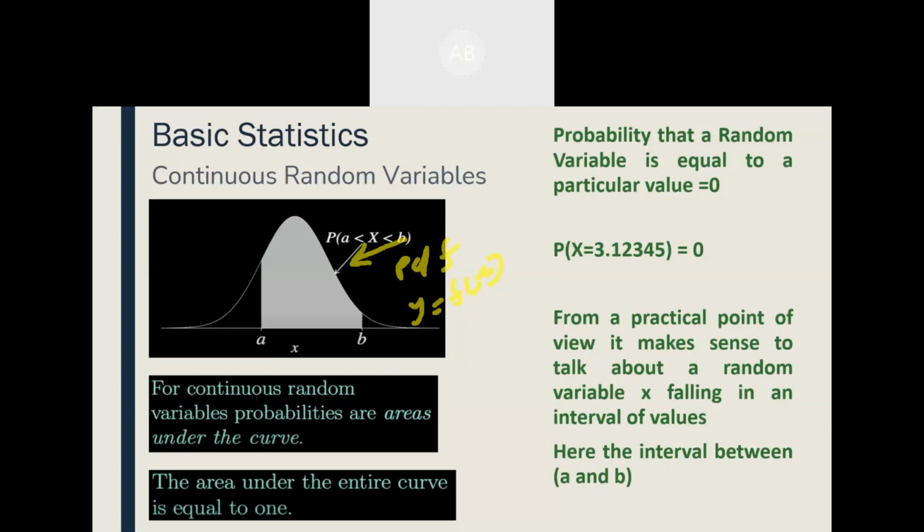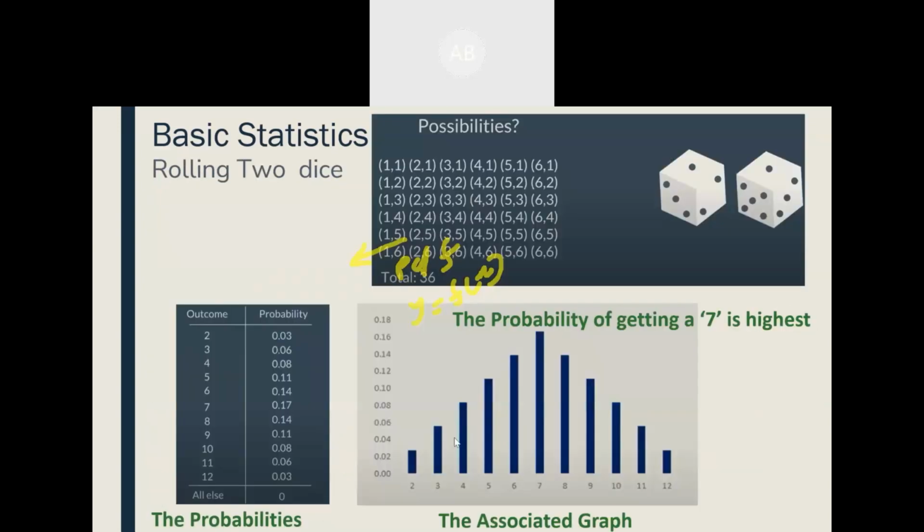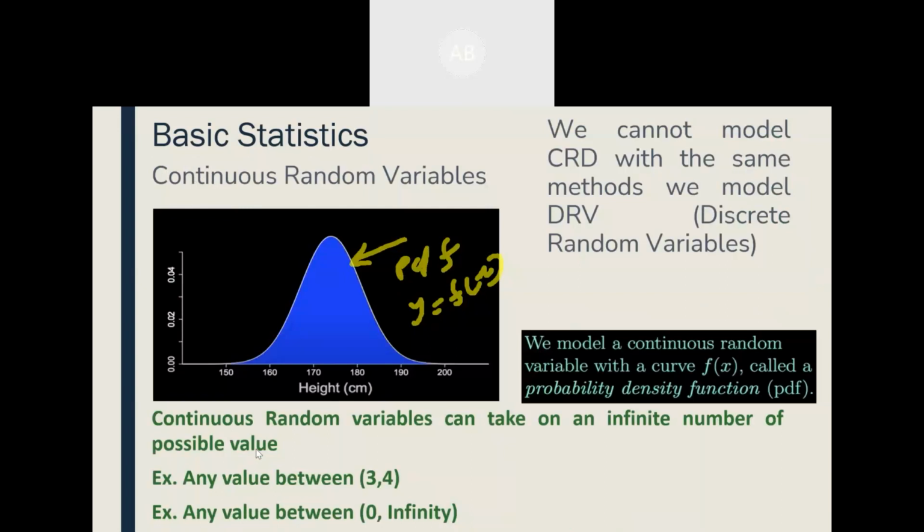Earlier, if you look at discrete values, it was somehow different. For a value of 4, you had a probability of somewhere around 0.08. For a value of 5, you had a probability of 0.11, which is not so in the case of a continuous variable here.